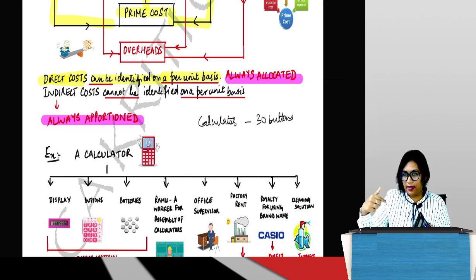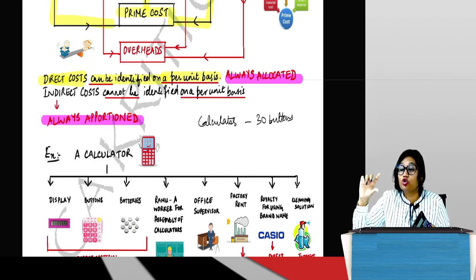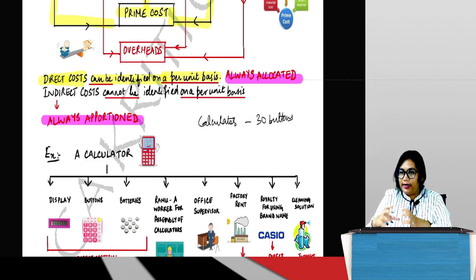Apportioned means, I think we had done this in yesterday's class when I taught you assignment. Apportionment means you will have to divide that cost in a given ratio using a certain criteria, right? You won't have a straight clear-cut answer.